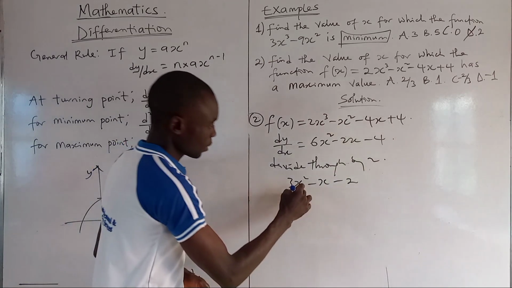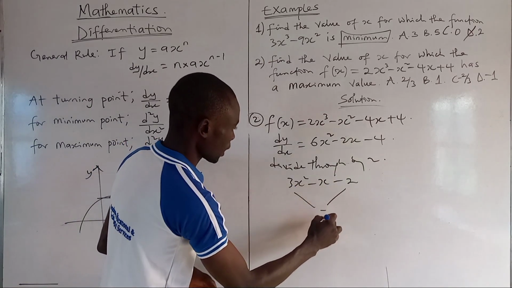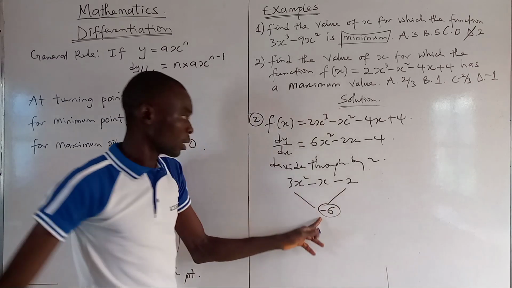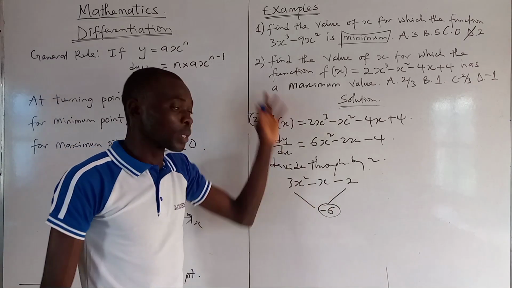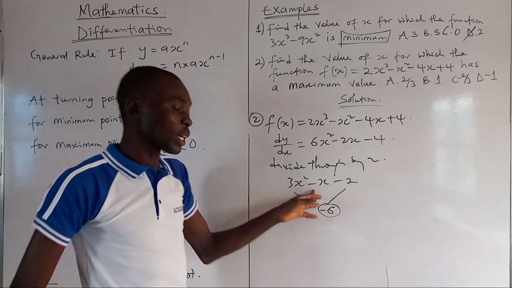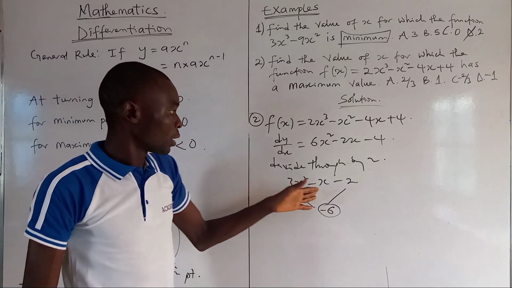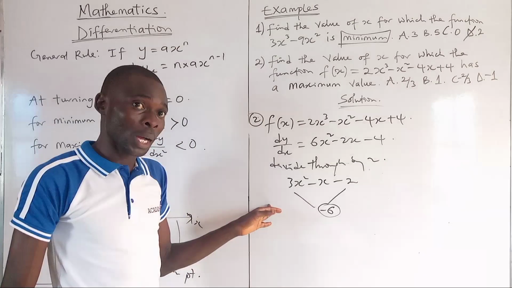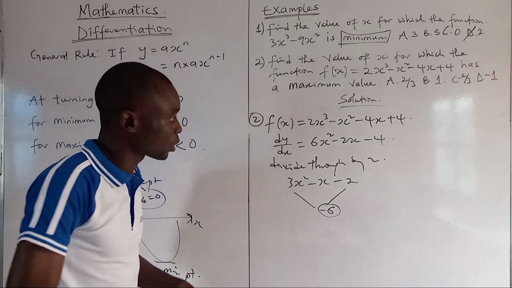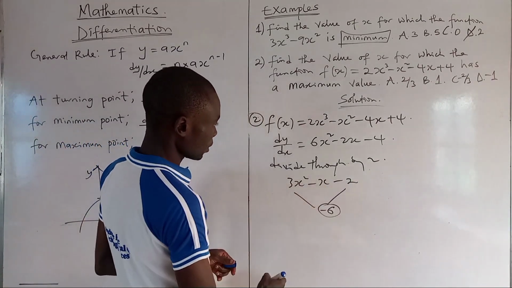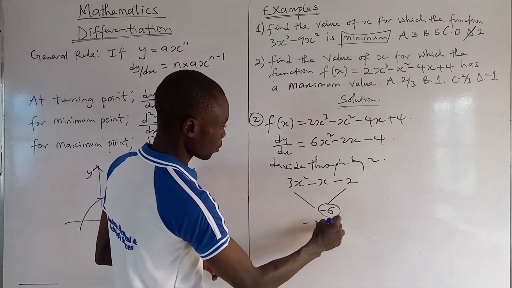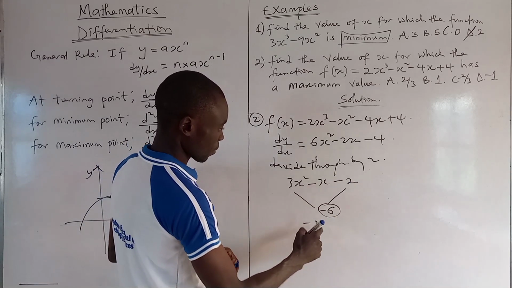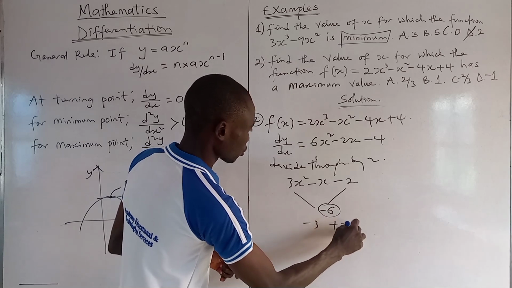Now let's get this solved quadratically. This is minus 6. You see that this is quite different from the previous one because it leads us to a quadratic function where the roots of the equation will serve as our turning points. Then we'll test for the nature of the turning points. The two values can be minus 3 and plus 2.